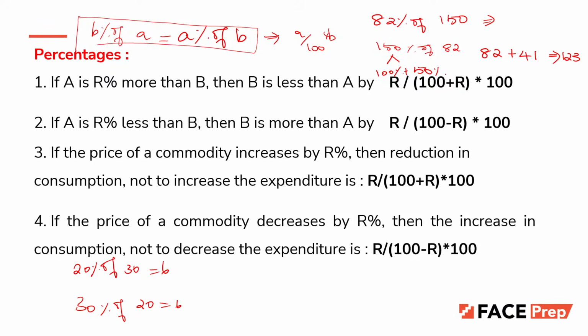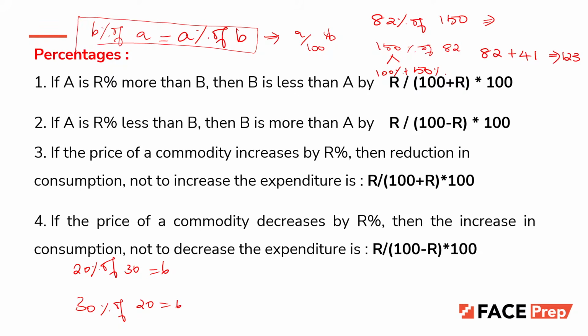The first one given here is: if A is R percentage more than B, then B is less than A by what percentage? It is taken as R by 100 plus R into 100.